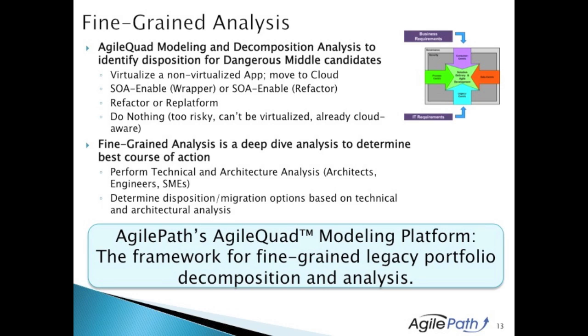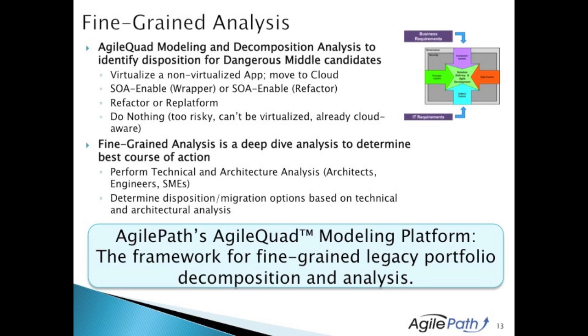Because you may end up with an analysis that says, from a technical perspective, this is difficult or risky, but from a business perspective, the payback is significant in opening up new markets, improving the overall efficiency of your organization.